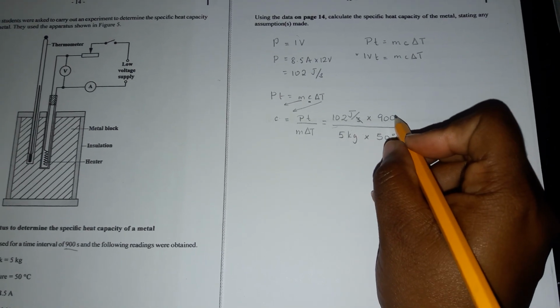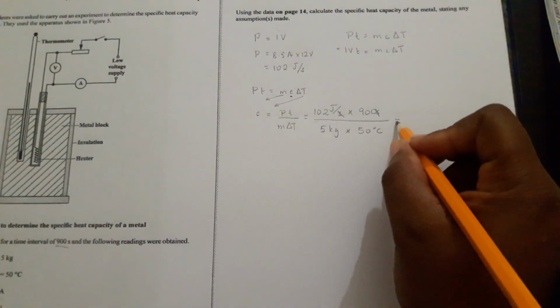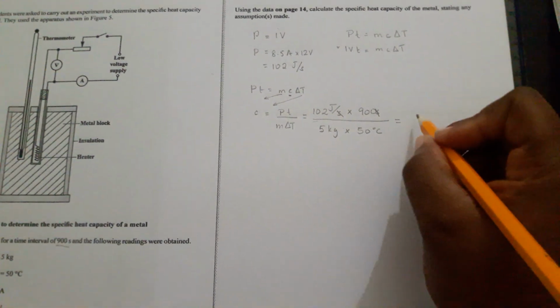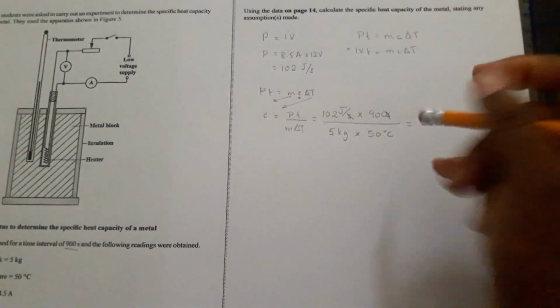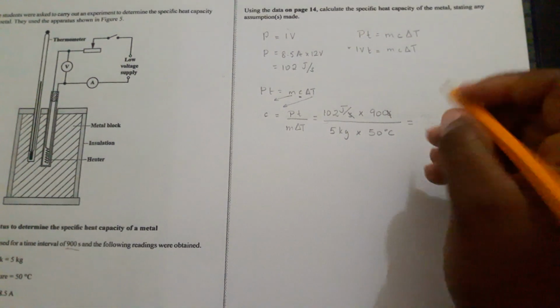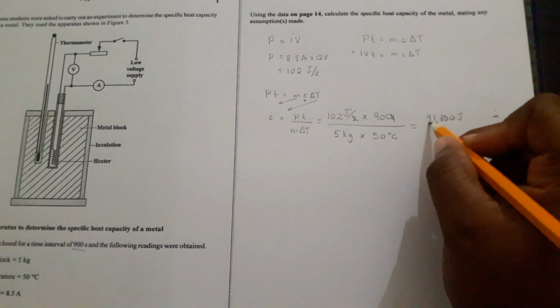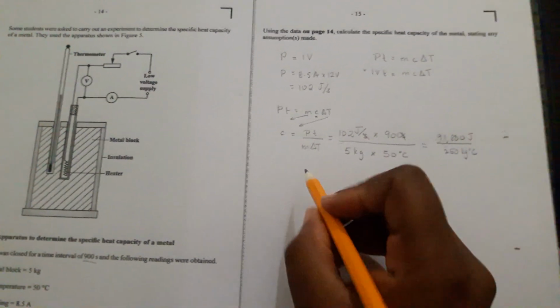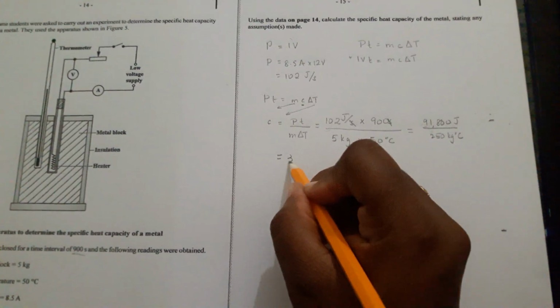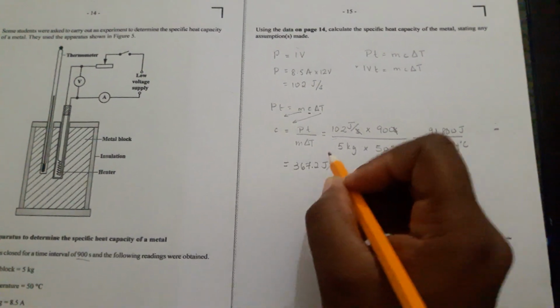Now the seconds go, and we're left with the correct type of units. So that will be equal to, let me write it out properly, 91,800 joules divided by 250 kg degrees Celsius, which would give us 367.2 joules per kilogram degree Celsius.